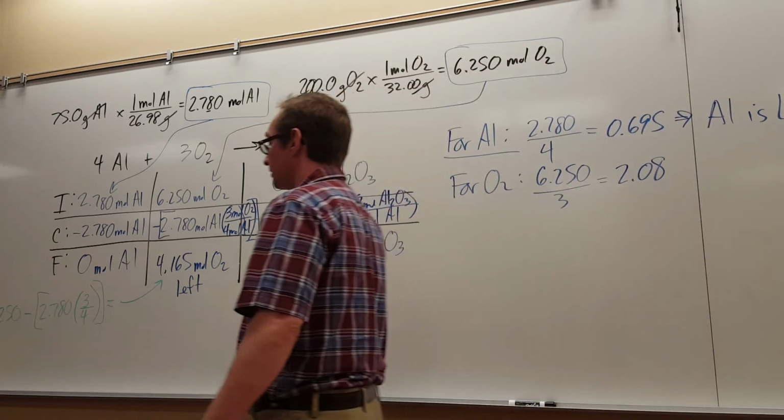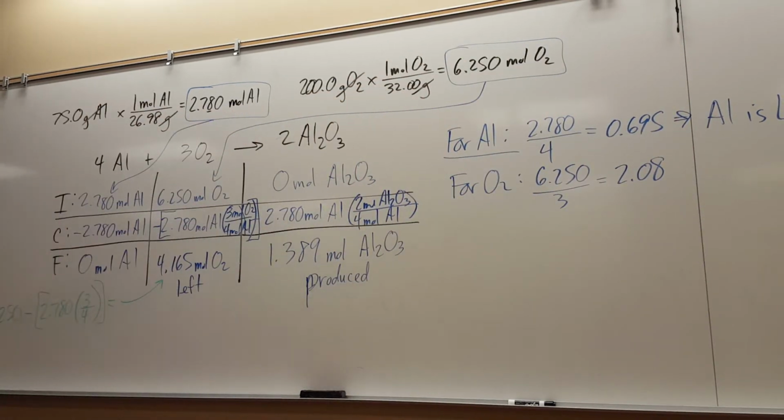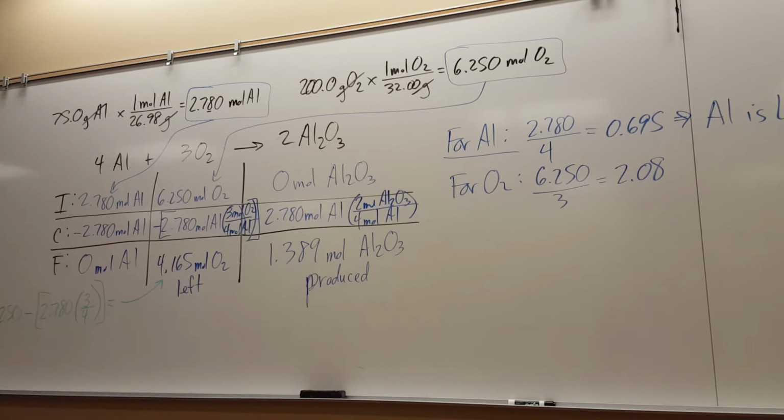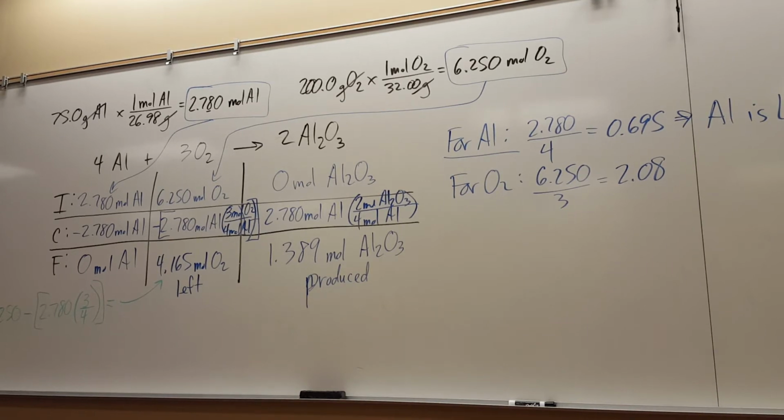So it looks like we're far from being done at this point, but we're actually really close. So notice how this is 1.389 here for moles of Al2O3 produced. What do we have here? 1.39. So we just take the final moles from the table, multiply by the molar mass, and we'll get our answer.